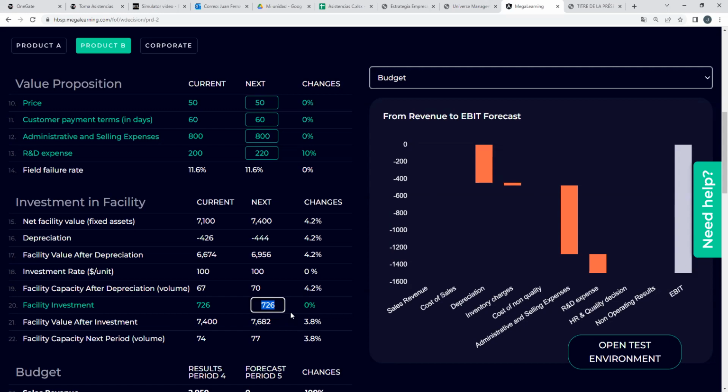So if you put here a bigger number, look here that this number is going to change. Now I am investing more, so I am able in the next round to produce more. It goes the other way too: if I don't invest a penny there, I would only be able to produce in the next round 70 units of P. Okay?